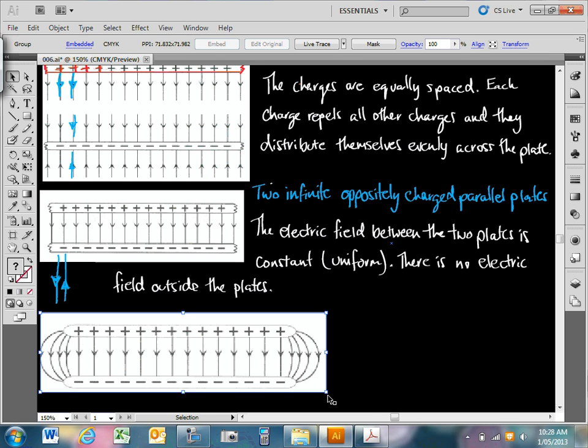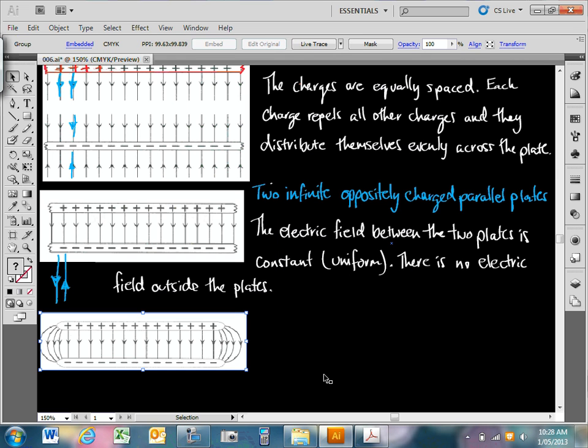This is what they look like. What do you notice about this situation? Yes, curved field lines at the edge. What can you say about those field lines at the edge of the plates? So they're non-uniform.